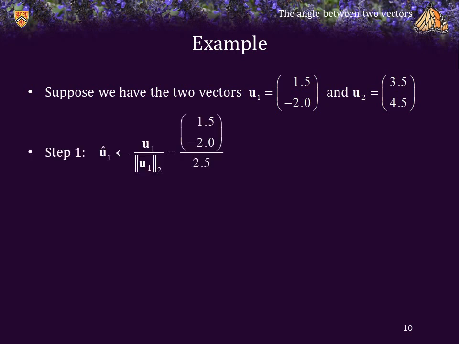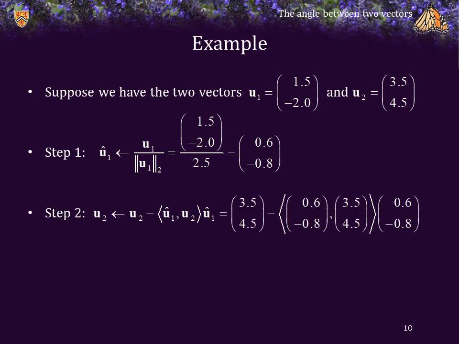Step 1, normalize the first vector and assign that to u1 cap. Well, the 2 norm of u1 is 2.5, and dividing both entries by 2.5 gives us the vector 0.6, negative 0.8. Okay, next. Replace u2 with u2 minus its projection onto u1 cap.